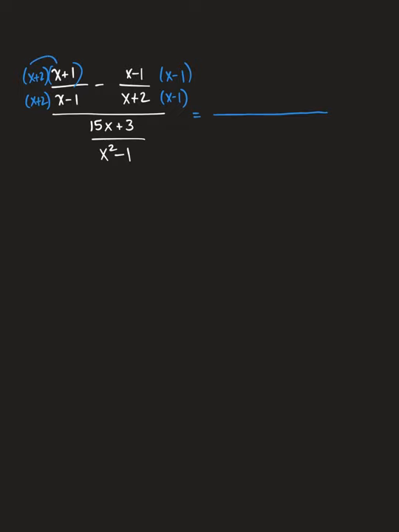So let's go ahead and do that. I'm going to multiply, and I know I'll have x squared plus 1x plus 2x plus 2. And so when I combine my like terms there, I'll have x squared plus 3x plus 2 all over that common denominator, x plus 2, x minus 1, take away.